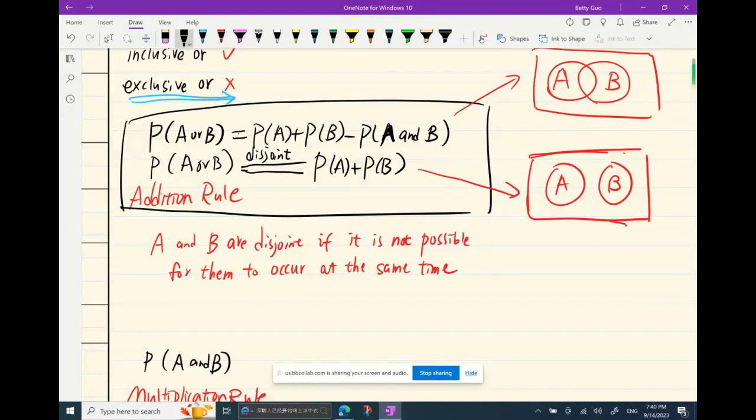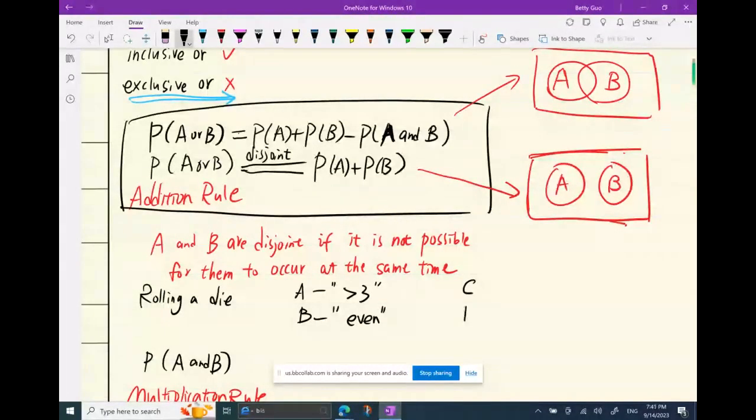Example, let's think about rolling a die. If I let A be the event that we get a number bigger than 3, and let B be the event that we get an even number, help me determine: are A and B disjoint or not?